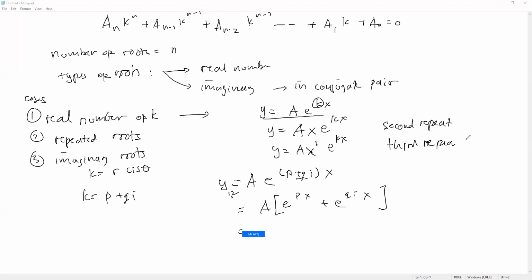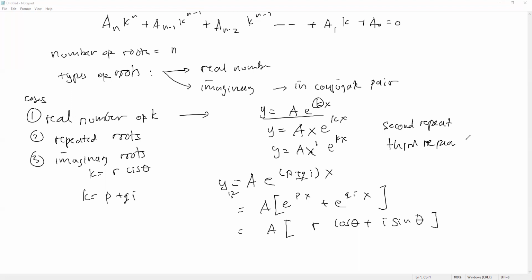Now this together, we can write them in the form r(cos theta + i sin theta). This is easier for us to write in this form.